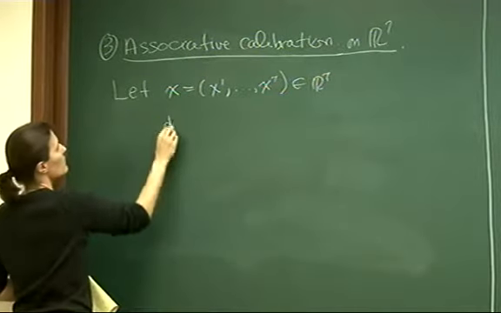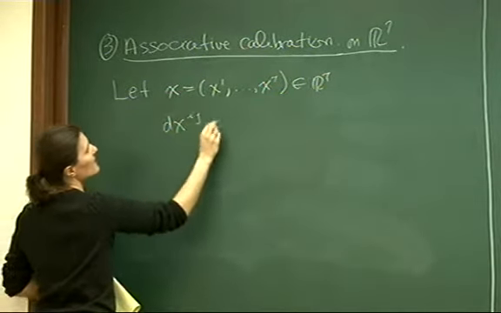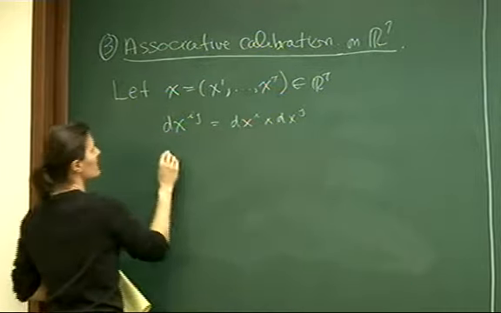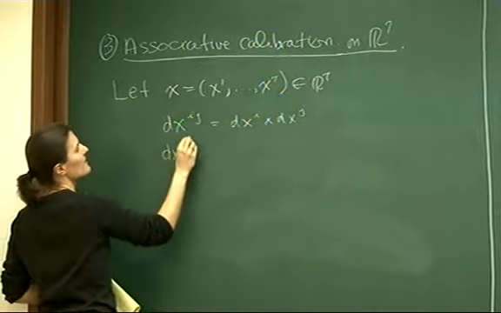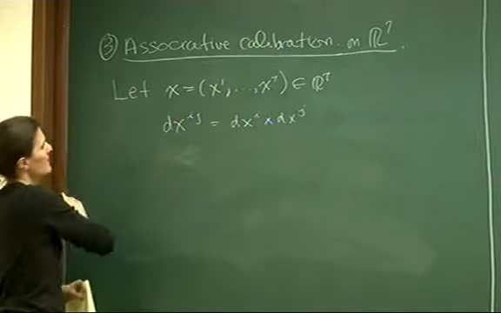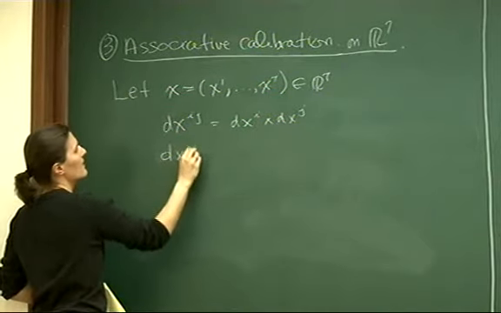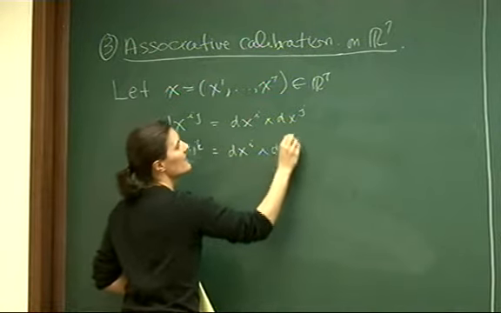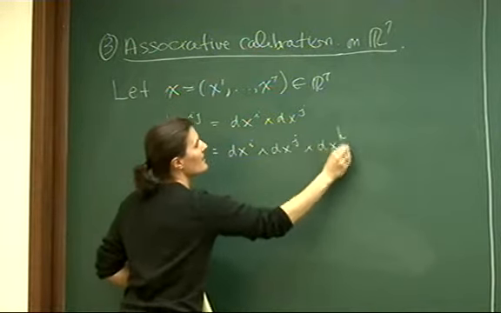I'm going to use the shorthand notation that dx_ij is the two-form dx_i wedge dx_j, and similarly dx_ijk is dx_i wedge dx_j wedge dx_k.